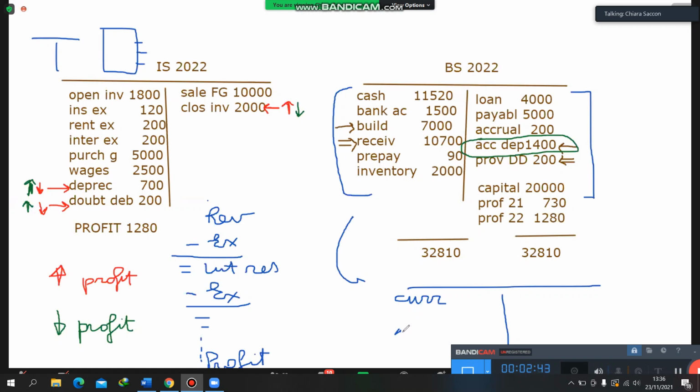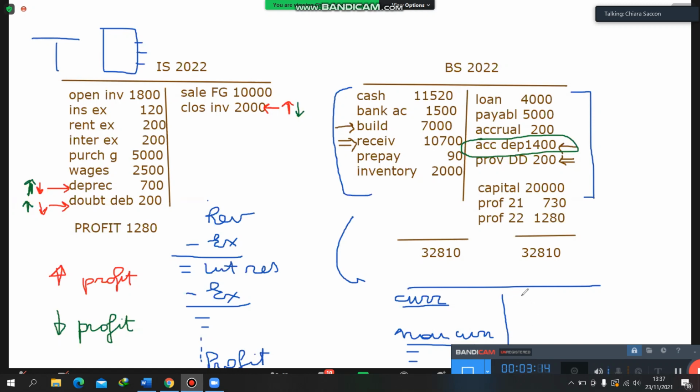And we consider the non-current asset, okay, another group of accounts. It will be buildings. So the non-current, what is not transformable in money in the short term. So we have current assets that will become money in the short term and non-current asset, okay. We give a specific order. So we start with cash and we end with buildings.